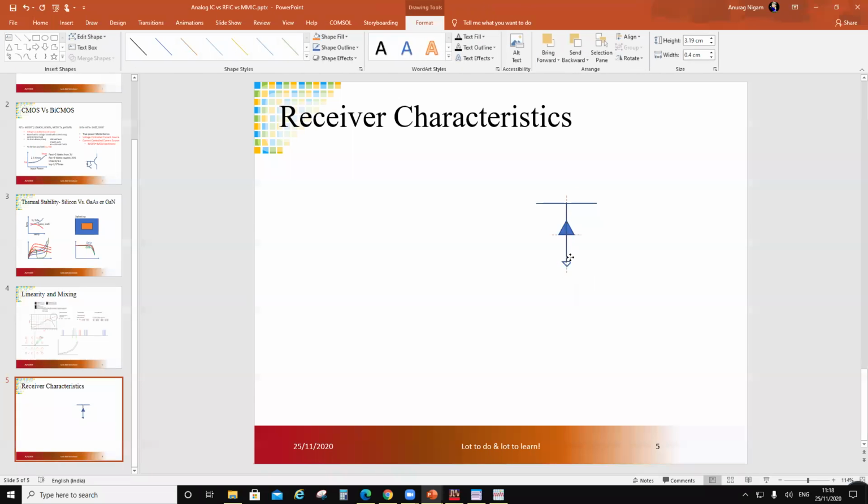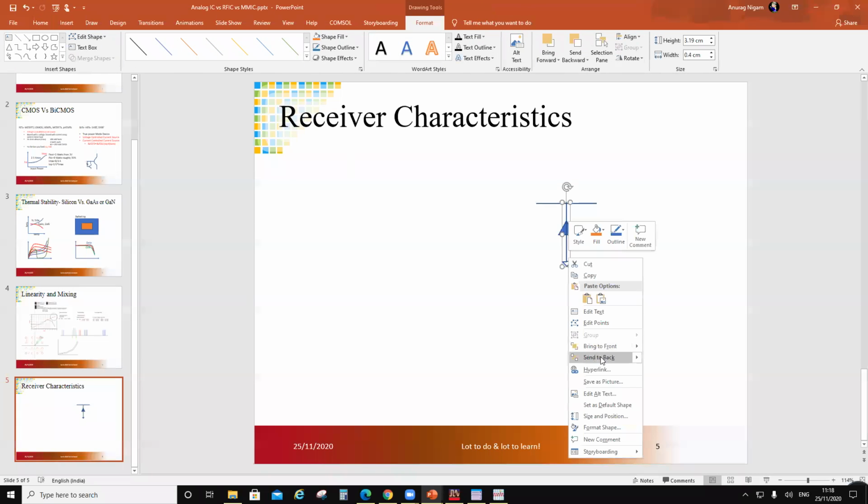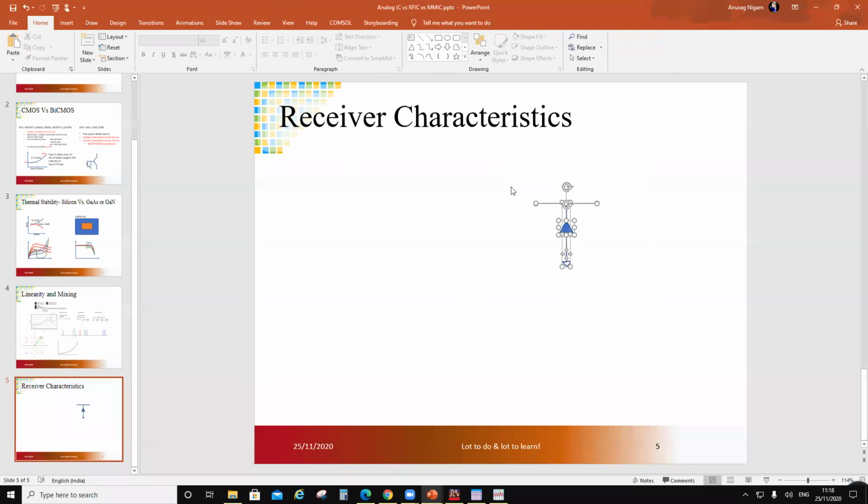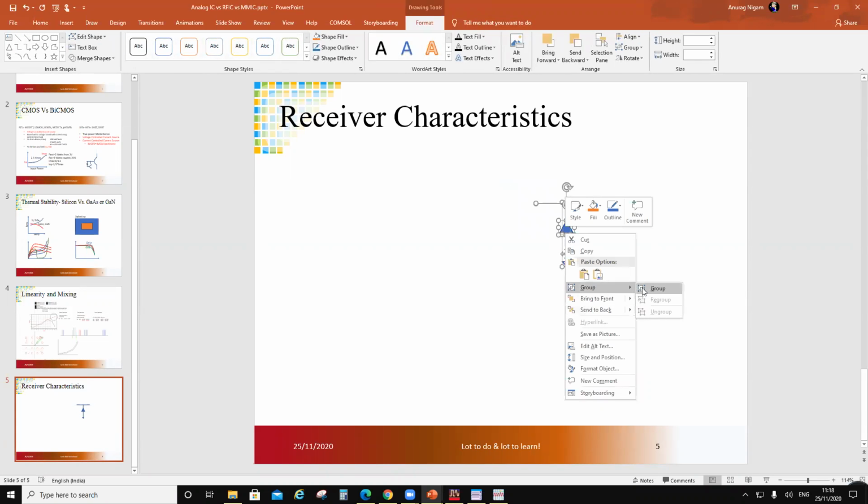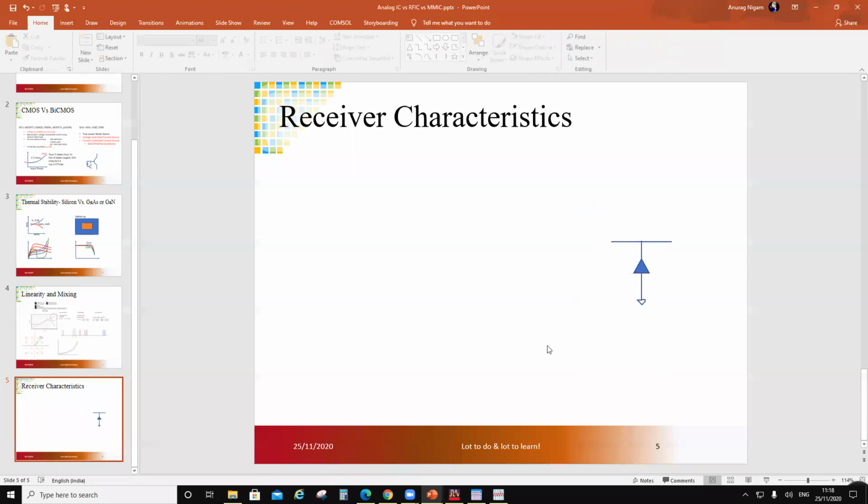So this is my detector. This is how I represent it. Let this be my detector.